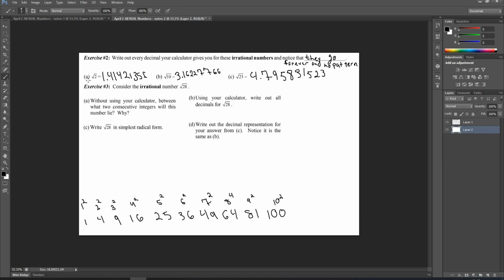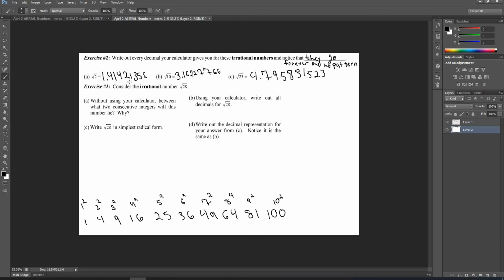So let's think about this. 2 is between 1 and 4, so it makes sense, or I should say the square root of 2 really. Square root of 2 is between 1 and 4, so the answer is going to be between the numbers I would have to square to get there.